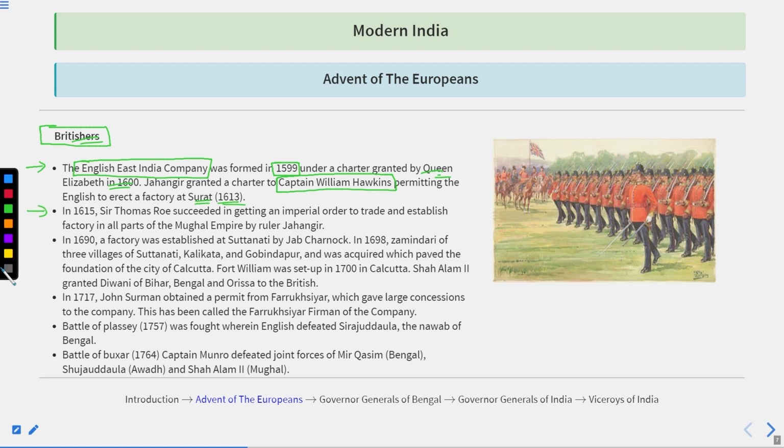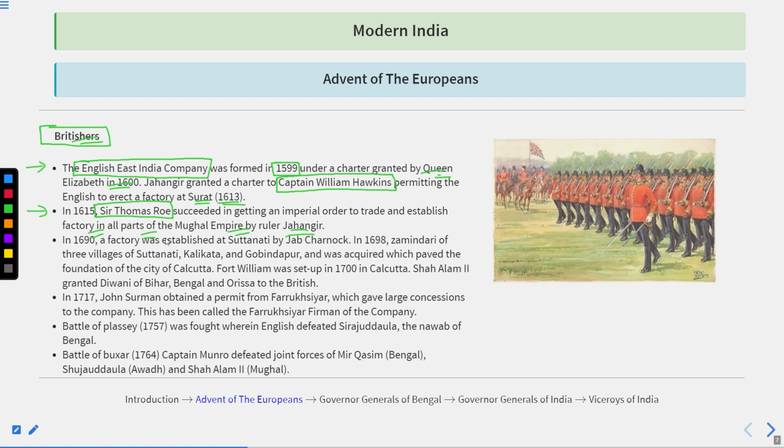Thereafter, in 1615, Sir Thomas Roe came to India and he succeeded in getting an imperial order from the ruler Jahangir to trade and establish factories in all parts of the Mughal Empire. So William Hawkins just succeeded in getting permission to establish a factory at Surat.